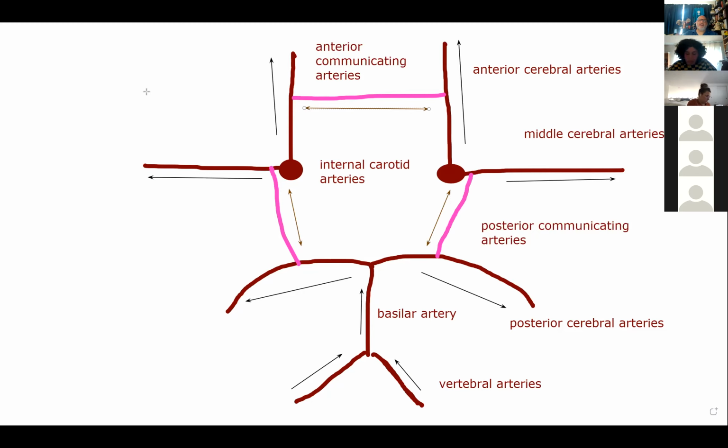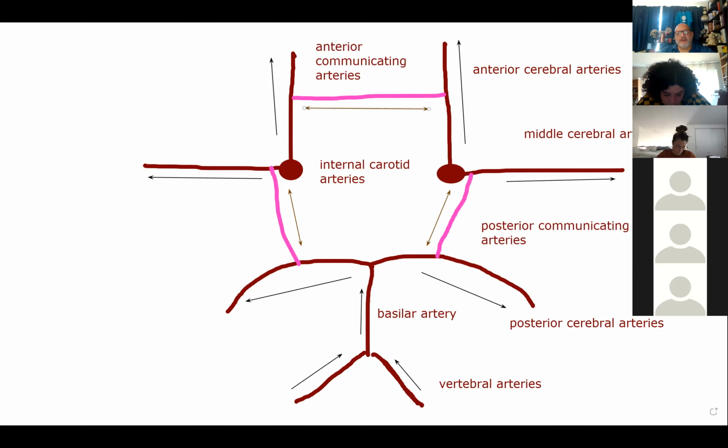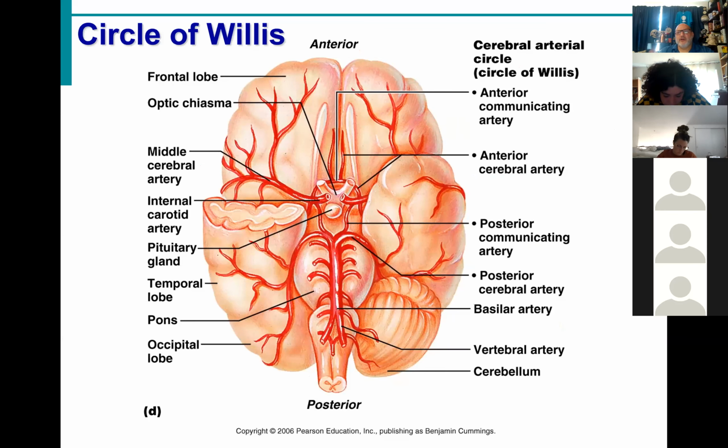Now, I've done a truly amazing job of drawing this, but if we look at the pretty picture from the textbook here, we can see the exact same thing. Our two vertebral arteries coming together to form the basilar, coming off to form the two posteriors. Notice going to the temporal and the occipital lobes. Internal carotids coming to form the, oh, here it's covered by the front of the frontal, the temporal lobe there.